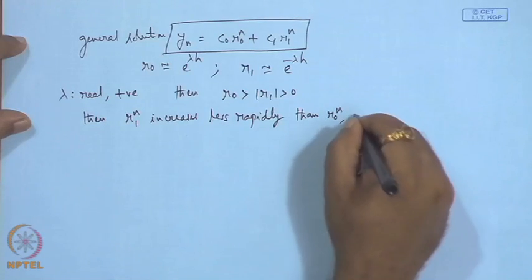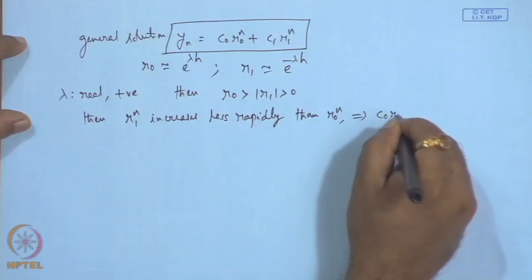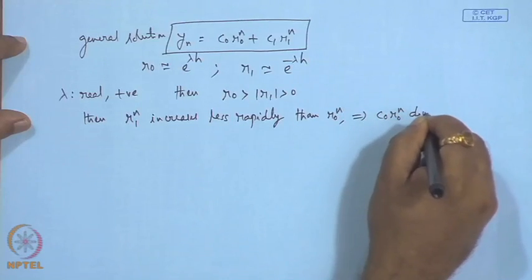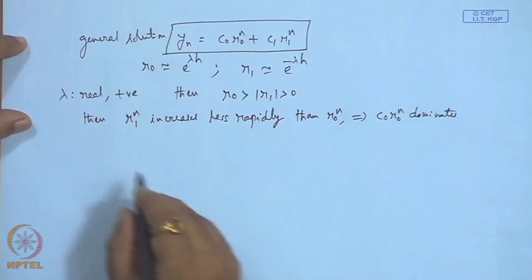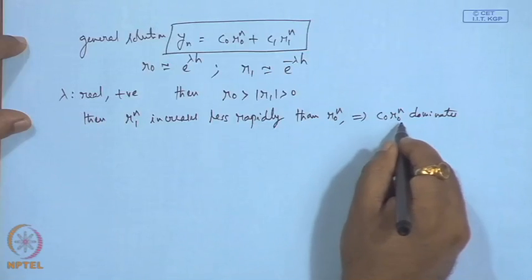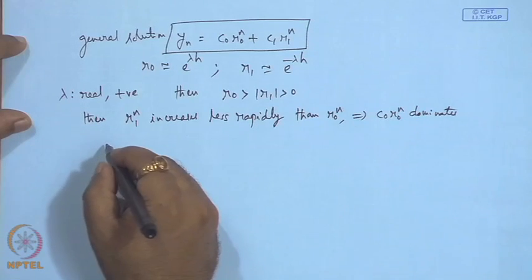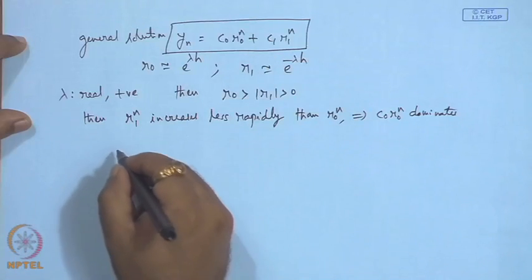Okay. Implies C 0 R 0 power n dominates. Okay. This dominates. So, that means the other term.